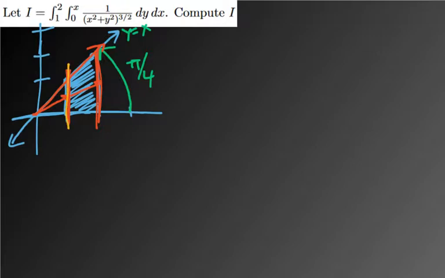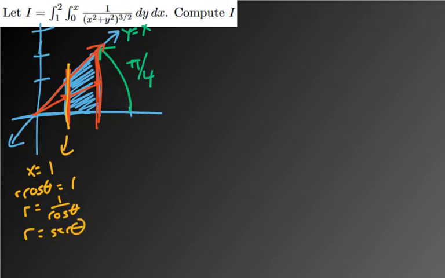So let's just take this one. This is x equals 1. And if we convert it, we would have r cosine theta equals 1. So r would be 1 over cosine theta, which is just secant theta. And likewise, for this one, x equals 2, and you can do the same math and you'll get r equals 2 secant theta.